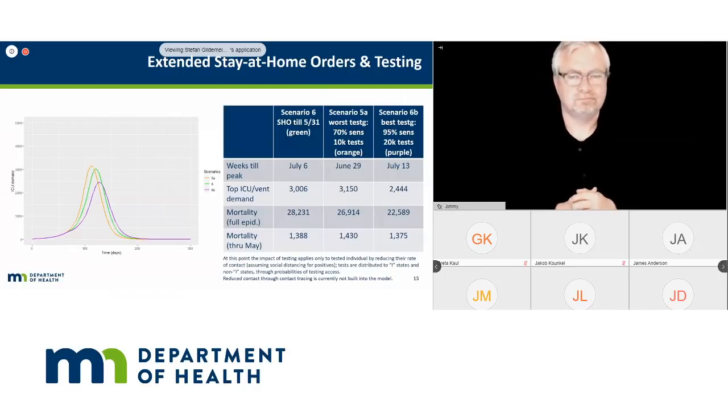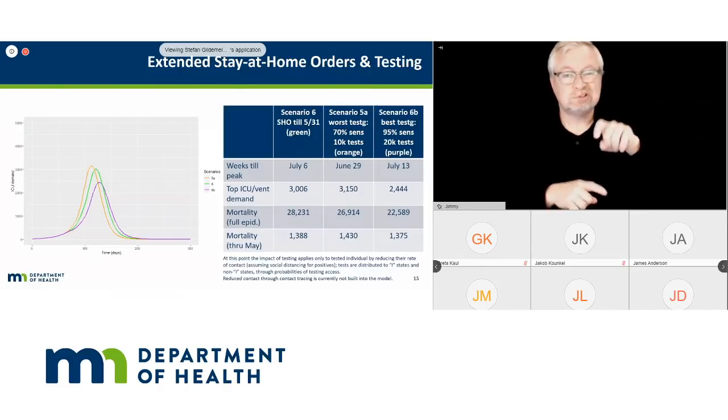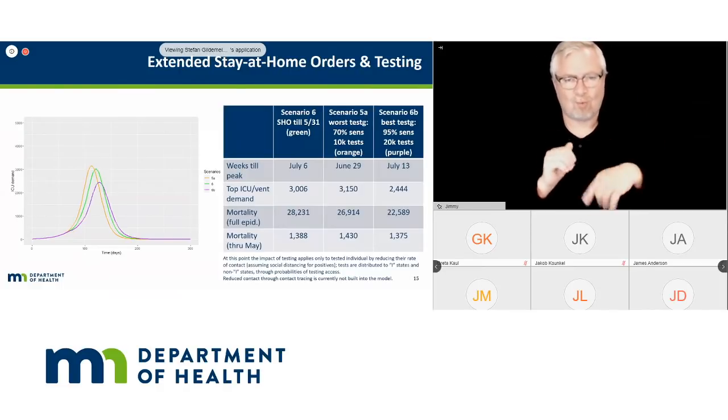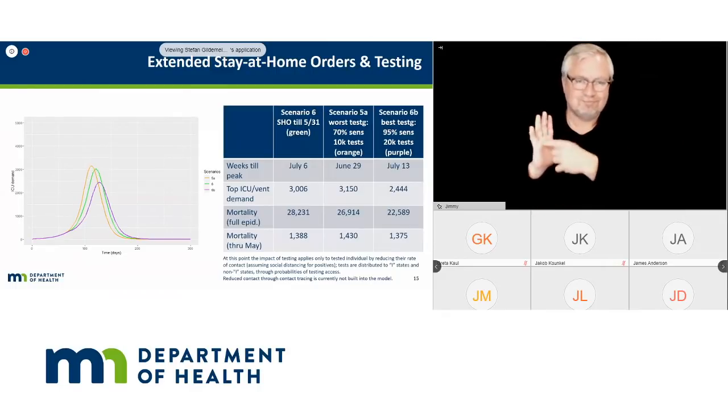It's certainly the presumption that people will need to be tested more than once, particularly in the expanded long-term care testing that we're going to be doing, as well as in hotspots and vulnerable populations.